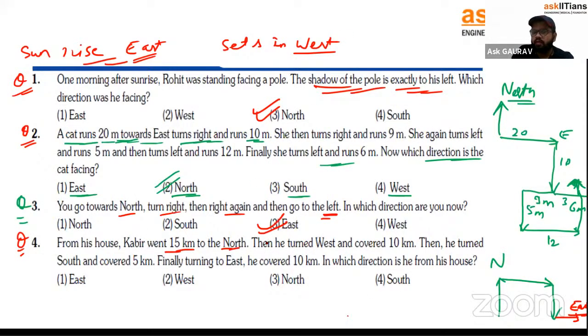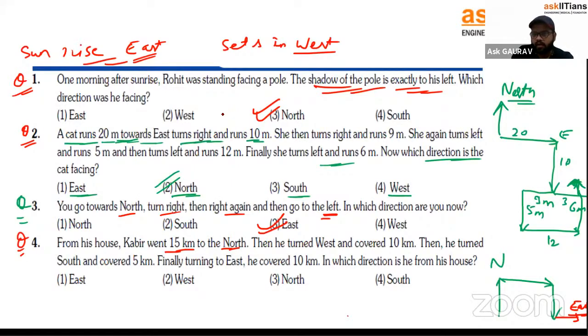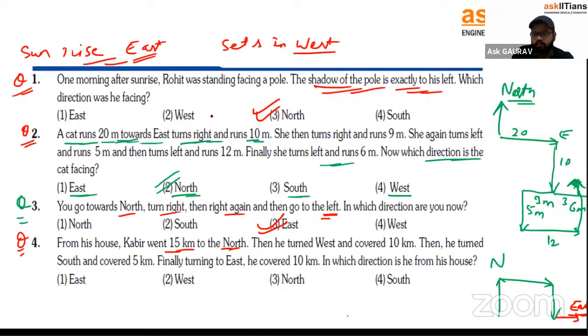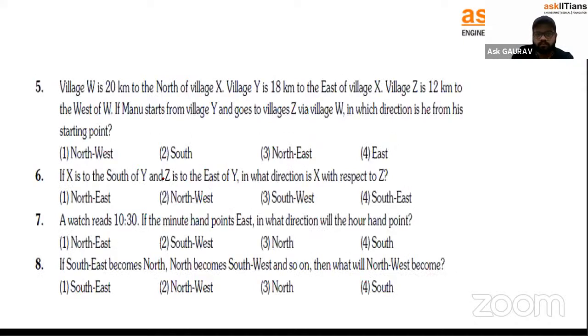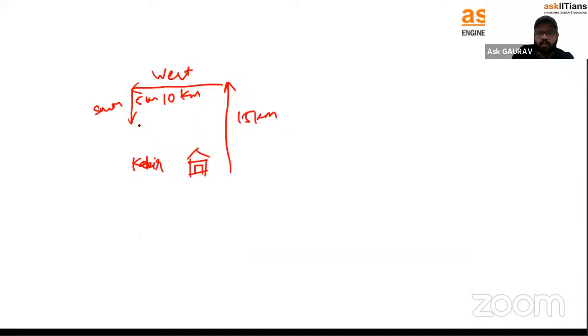Then he turns west. Where is west? Here. And covers 10 kilometers. Then he turns south and covers 5 kilometers. This is south, 5 kilometers. Finally, turning east, he covers 10 kilometers. Then he turns east and covers the same 10 kilometers.